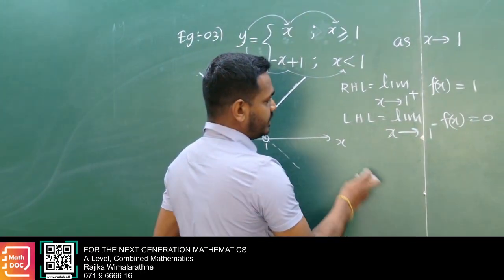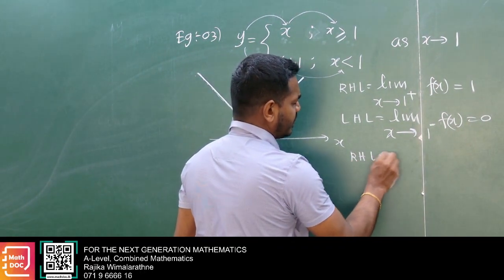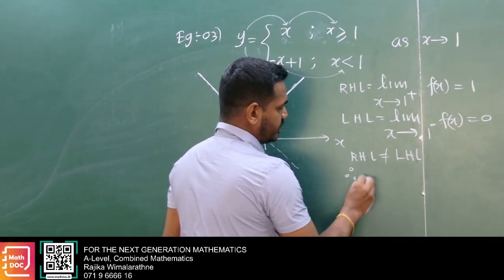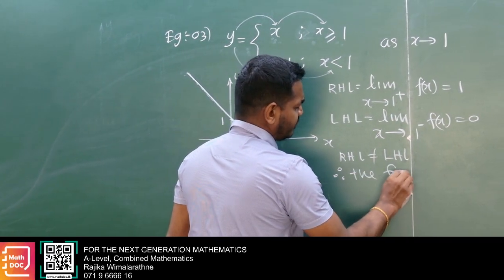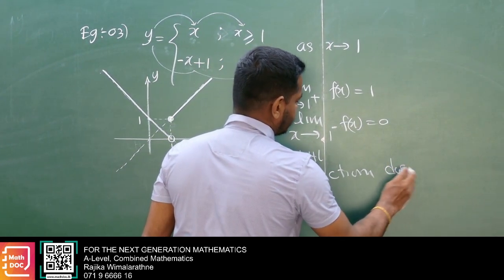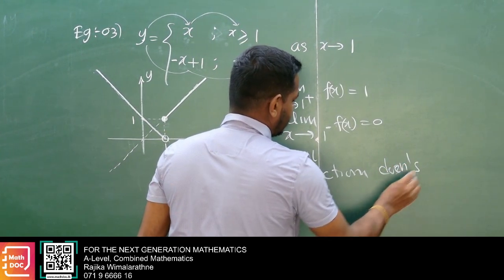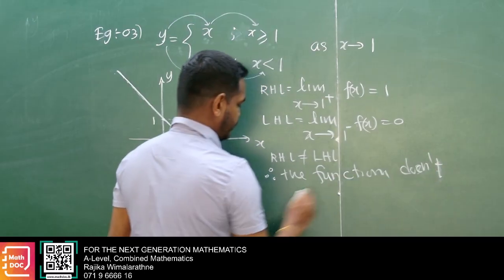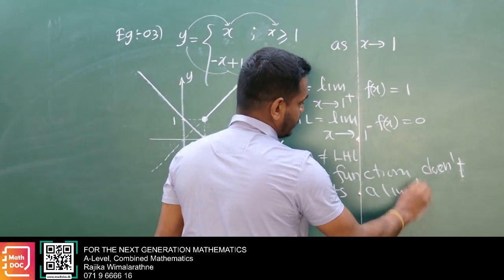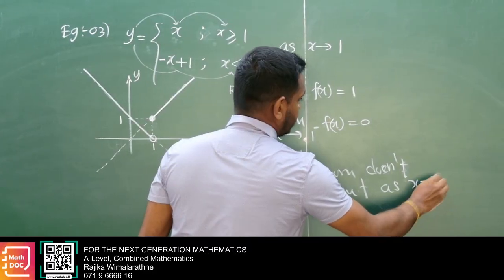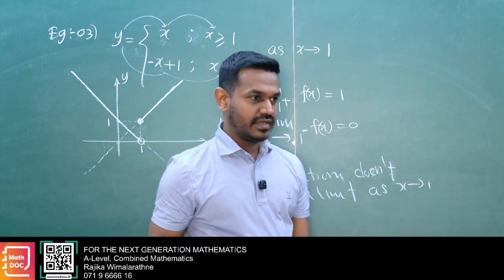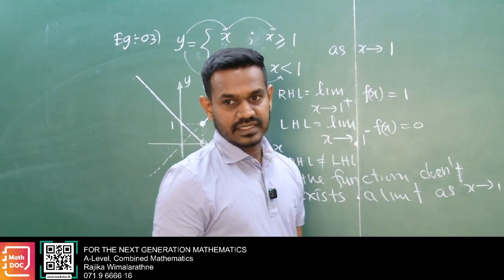Then the right hand limit is not equal to the left hand limit. Therefore, the function doesn't have a limit as x goes to 1, but in all the other cases it has a limit. Only for 1 it doesn't contain a limit.